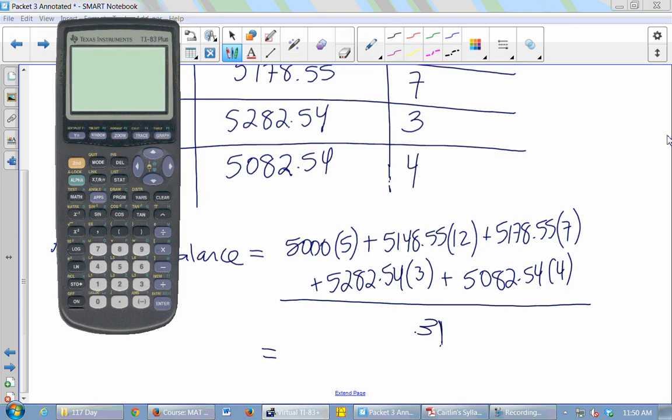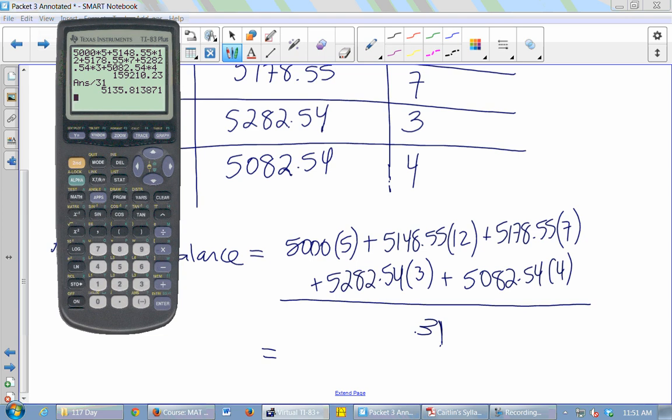Okay, so we've got 5,000 times 5 plus 5148.55 times 12 plus 5178.55 times 7 plus 5282.54 times 3 plus 5082.54 times 4. And then I'm going to divide that by 31. So if I were to pick a day at random of my 31-day month, on average, I would have owed the credit card company $5,135. Right?